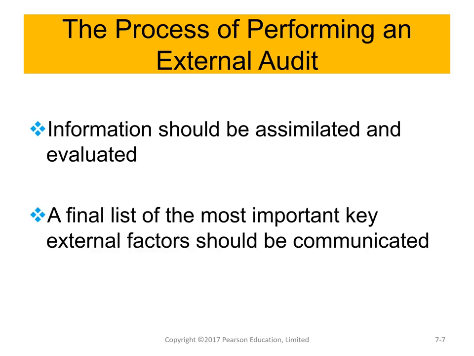Now, this information must be assimilated and evaluated, and then a final list of those key important elements need to be communicated to those who are involved, especially at the decision-making level.